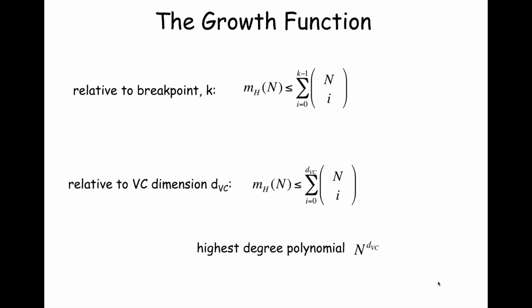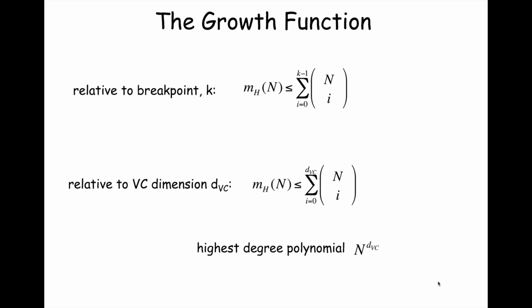And you'll notice in our expression relative to the breakpoint, the growth function is at most the sum up to 1 less than the breakpoint, if you look at the index upper bound on that summation. So relative to the VC dimension, we say the growth function is at most the sum for i goes from 0 to the VC dimension of n choose i.